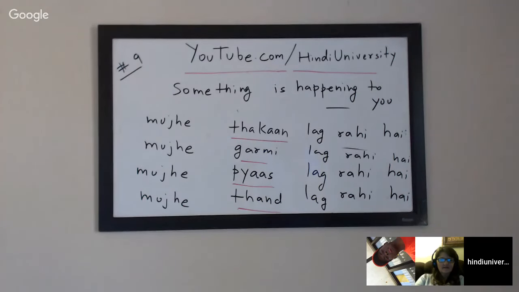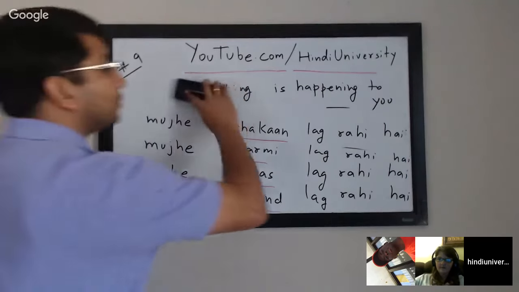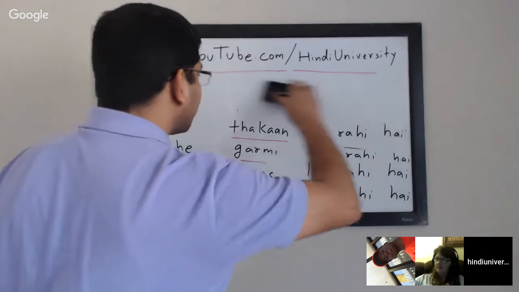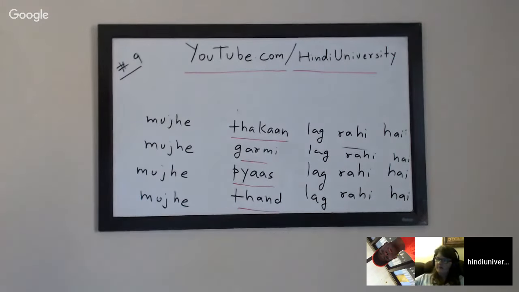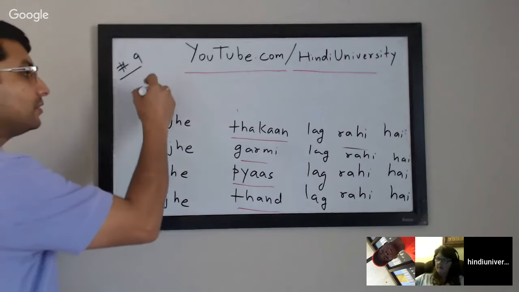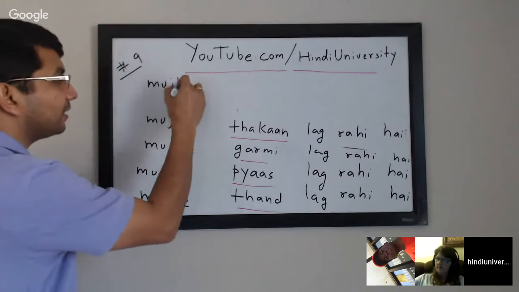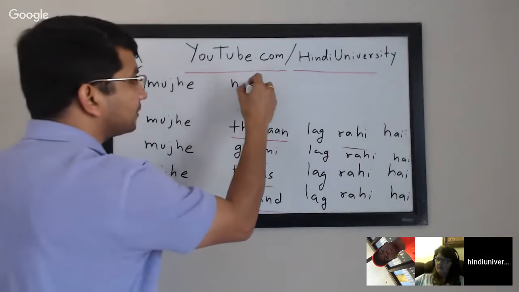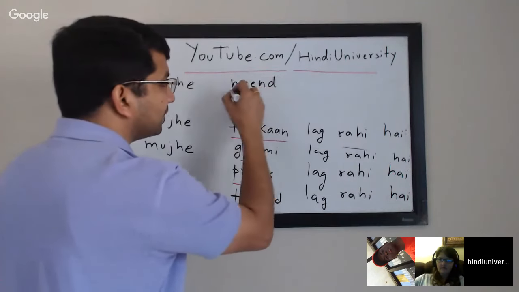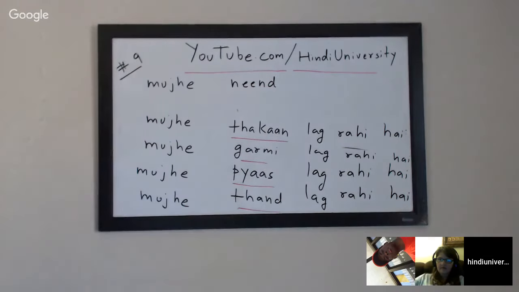I am sleepy. So, Carolina, very good point. How will you say things like sleep is coming to me? Okay, which is what I want to cover now, right? So, you will not say lag rahi hai in that case, but you will say मुझे नींद. Neend is sleep, and then what will be the verb?